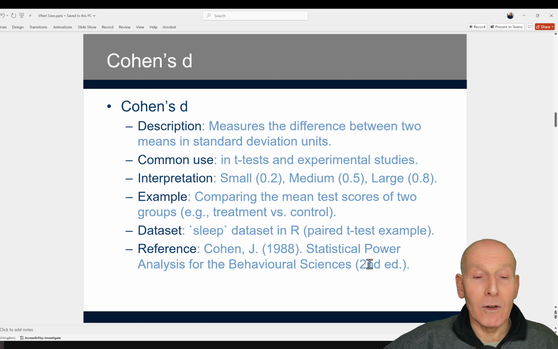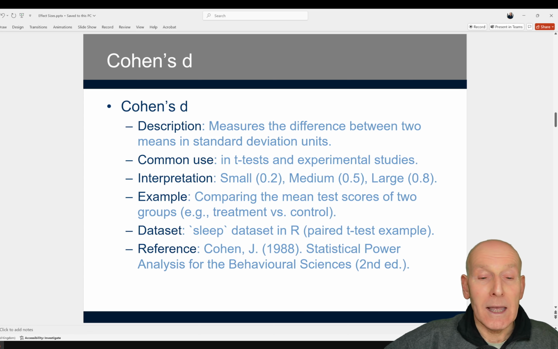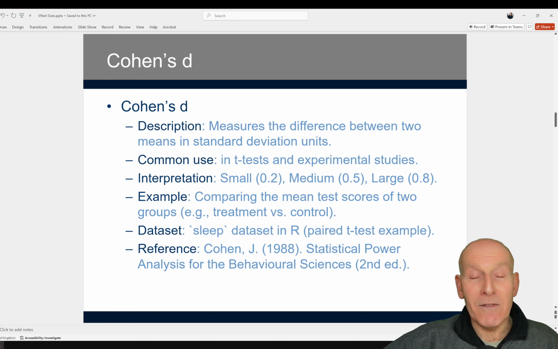If we have a look at Cohen's d, which we're going to be looking at, it is usually used as a measure of the differences between two means in standard deviation units, and as such we're going to look at a simple t-test, and we're going to look even simpler. In actual fact, we're going to look at a one samples t-test and see how Cohen's d, standard error, and the p-value change with sample size.